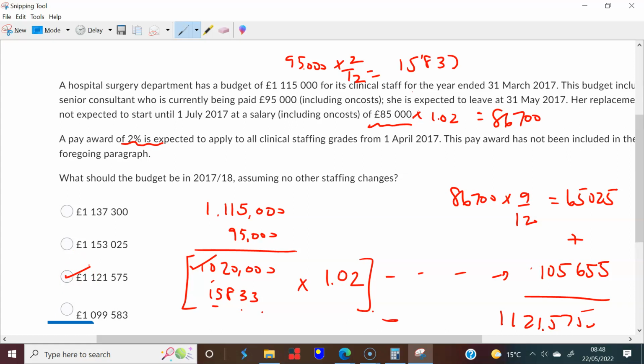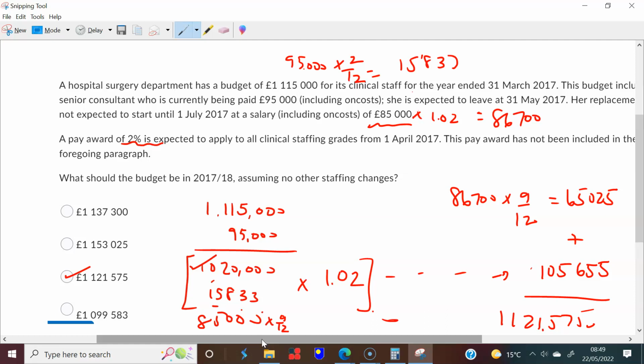I suppose you could have left the 85,000 in here as well and just multiplied. I think that might have been tricky. Sorry, the 85,000 times 9 over 12, and then multiply that by 1.02 as well to show the increase.